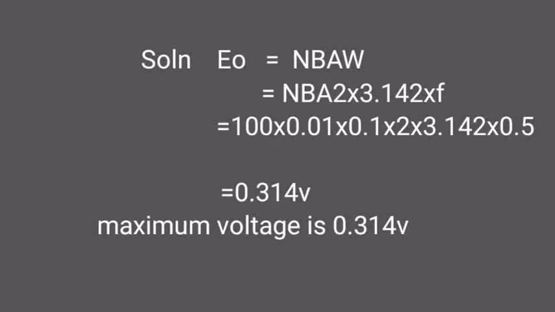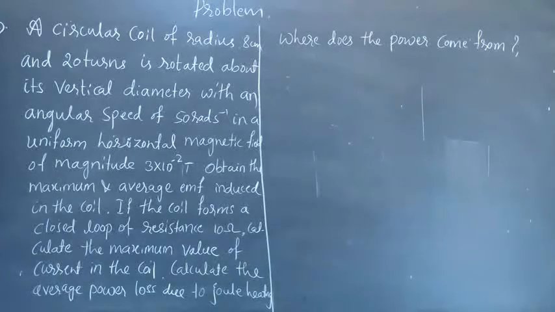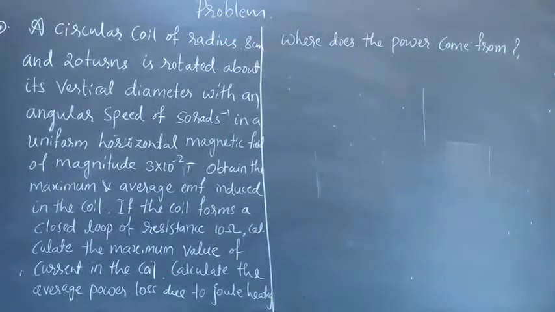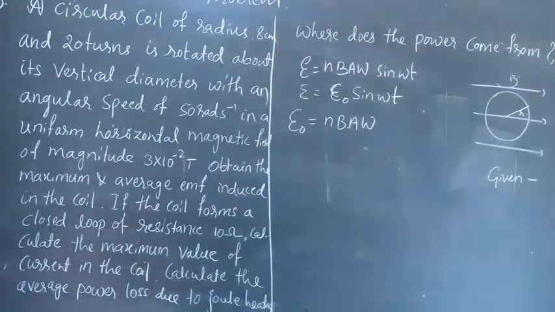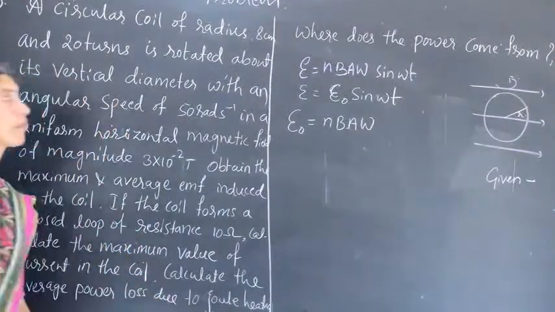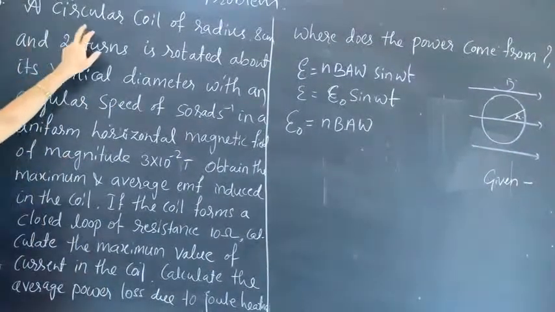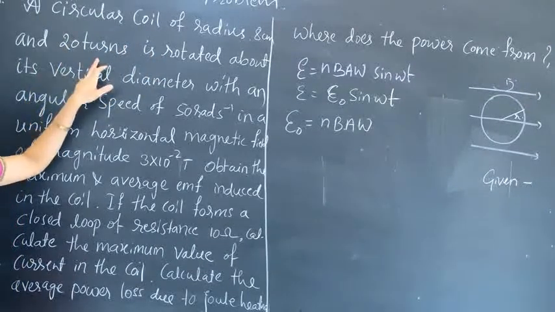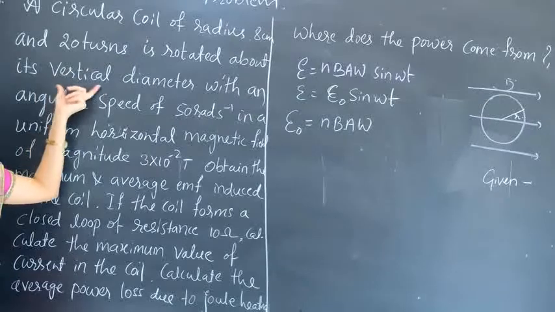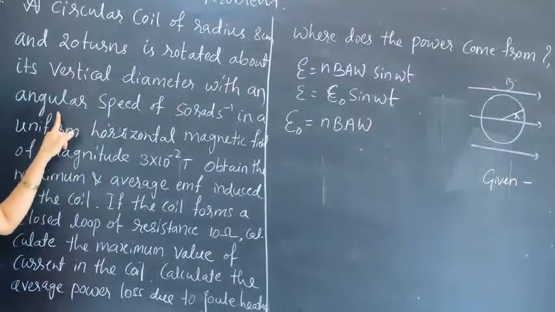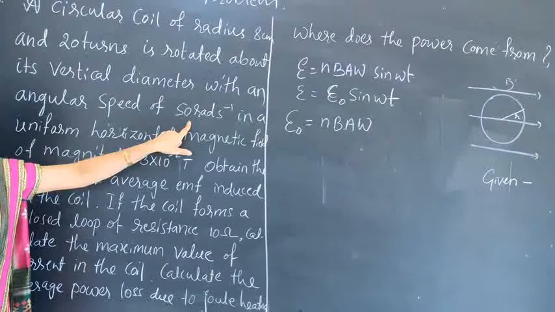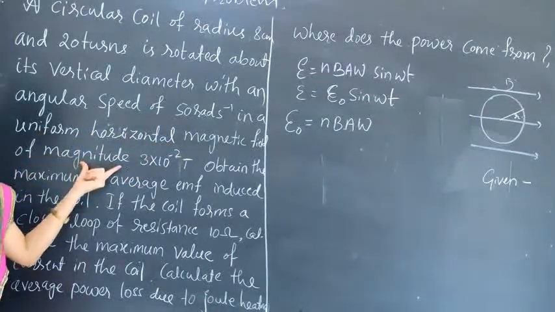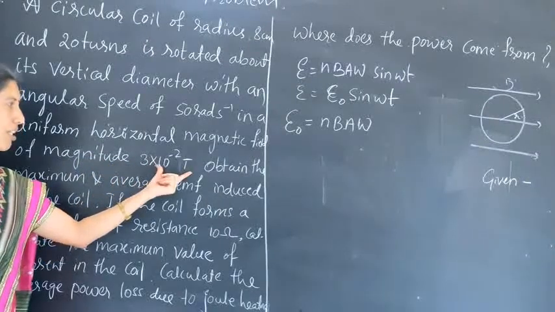Let us solve this problem. Read the problem first. The problem is a circular coil of radius 8 cm and 20 turns is rotated about a vertical diameter with an angular speed of 50 radians per second in a uniform horizontal magnetic field of magnitude 3 into 10 raised to minus 2 Tesla.